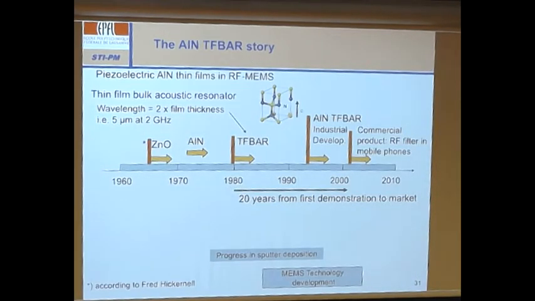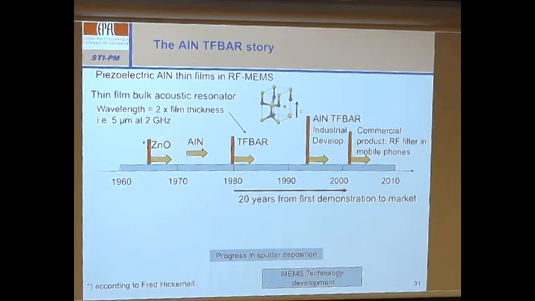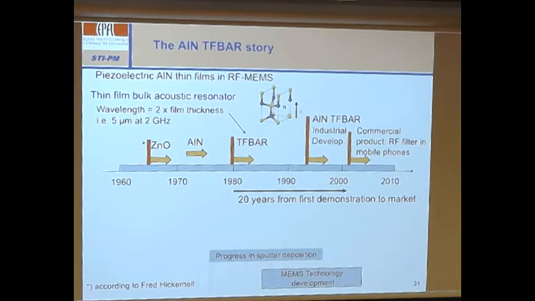And then here I have a comment. It's maybe interesting for PhD students at least. Why does it take so long? So I traced here the history of, let's say, the zinc oxide, aluminum nitride family. There were some people, Hickernell, for instance, who tried to make zinc oxide films and also later nitride films starting mid-60s.